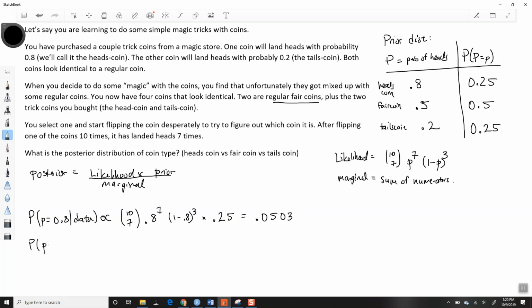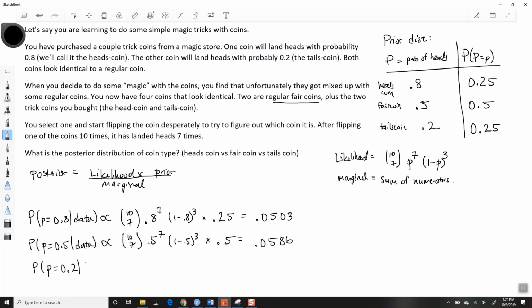All right, and P equal to 0.5 given our data is proportional to 10 choose 7, 0.5 to the 7th, 1 minus 0.5 to the 3rd, times 0.5, and we get 0.0586. Then this last thing is going to be really small.